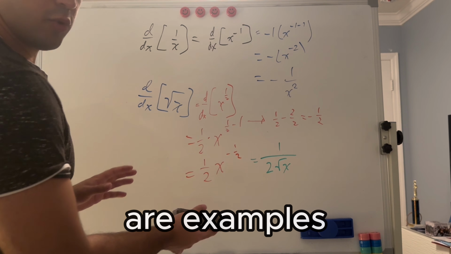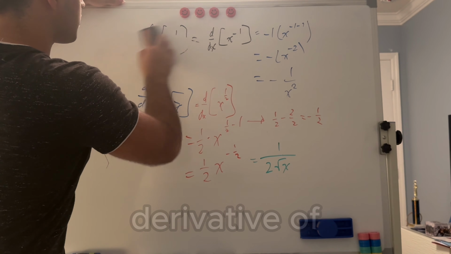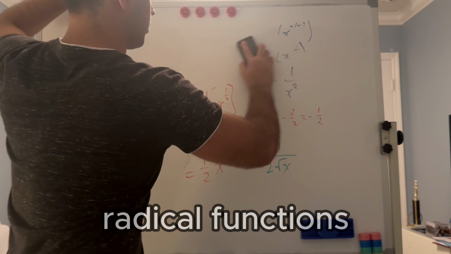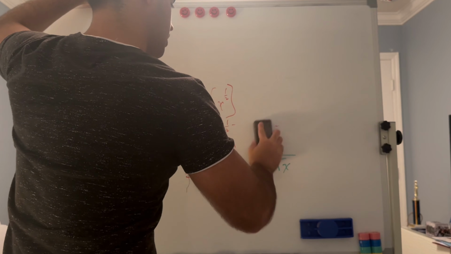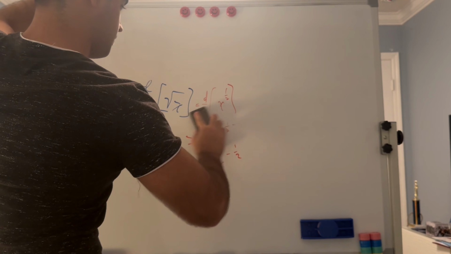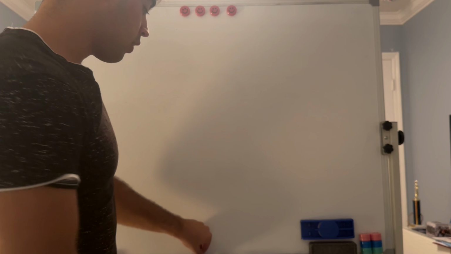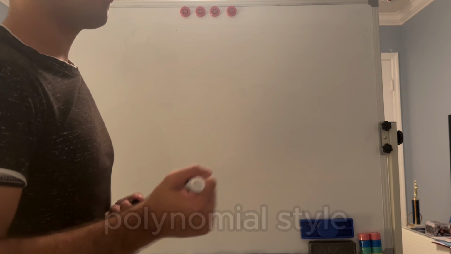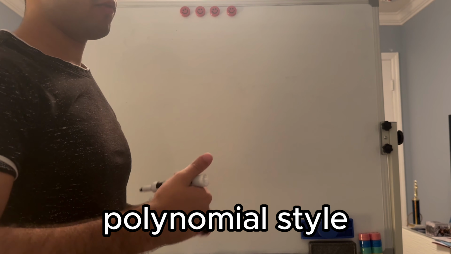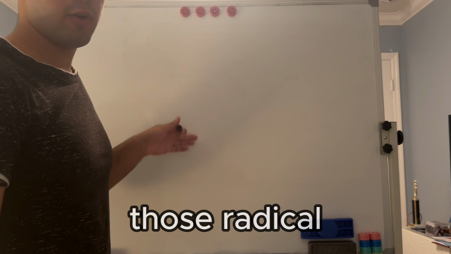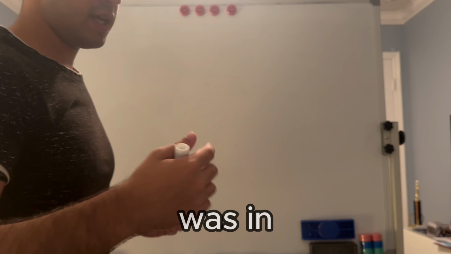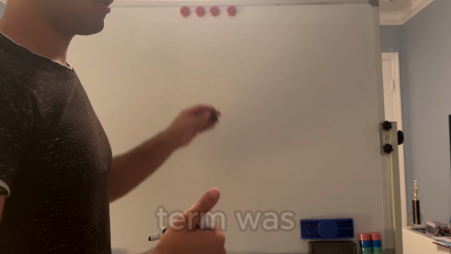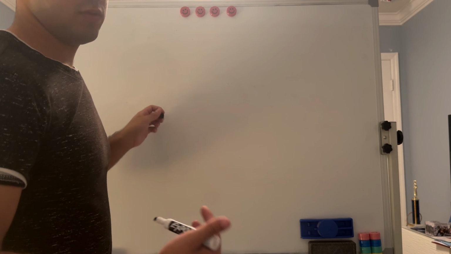So these are examples in which you can take the derivative of rational and radical functions. However, note that the power rule will only work for polynomial style functions, including those radical and rational ones where only one term was in the denominator or only one term was in the radicand.